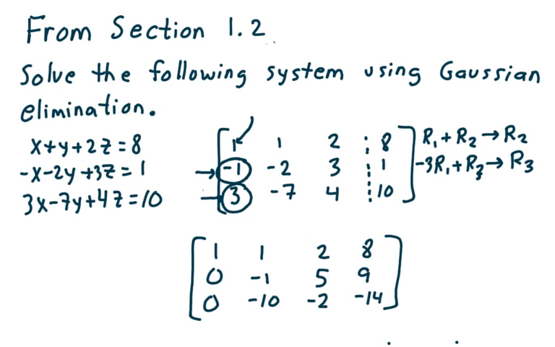So now, in the second row, I need the first non-zero entry to be a 1. Again, we call that a leading 1. How do I do that? I'm going to take negative 1 times the second row, and put the result back into the second row. Now, look what happens.